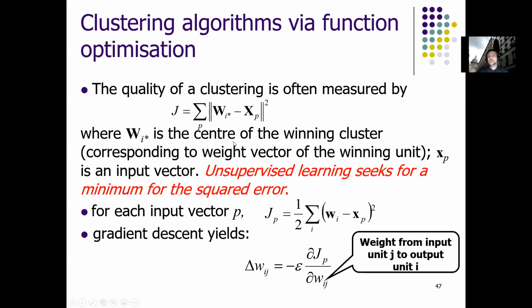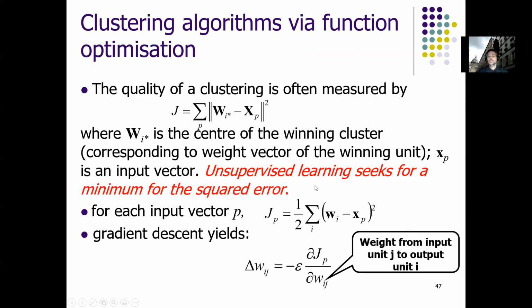W star is the cluster centers, as we say in clustering. But the cluster centers correspond to weight vectors that the training algorithm has found as optimal for this group of data points. And the whole problem in terms of unsupervised learning is again modeled as a minimization problem of the error.